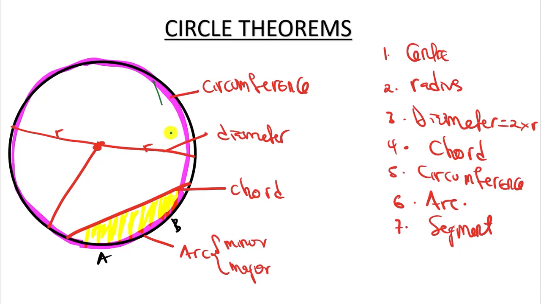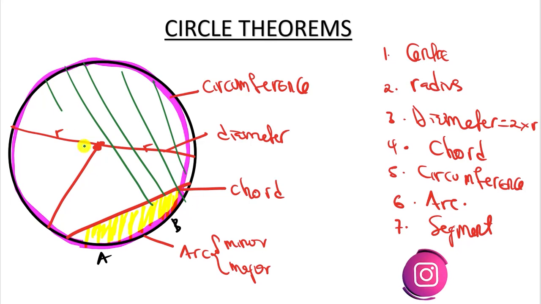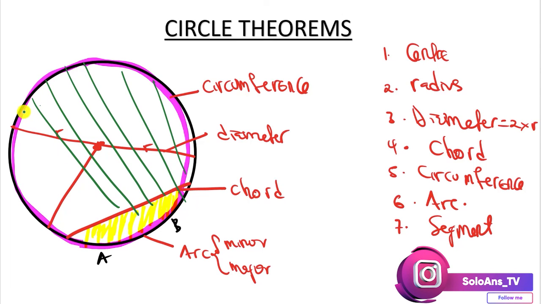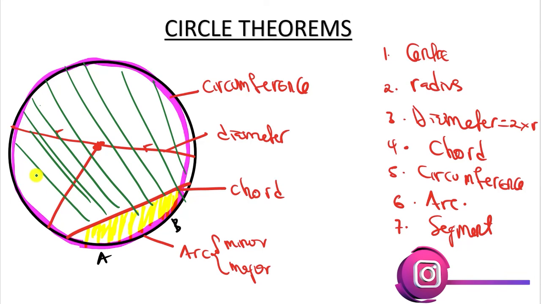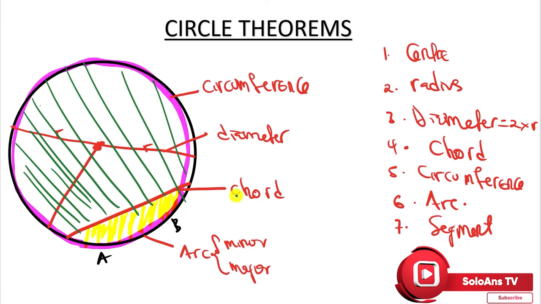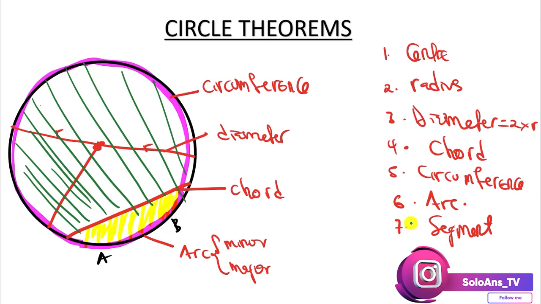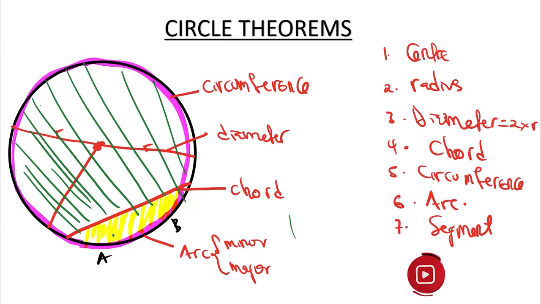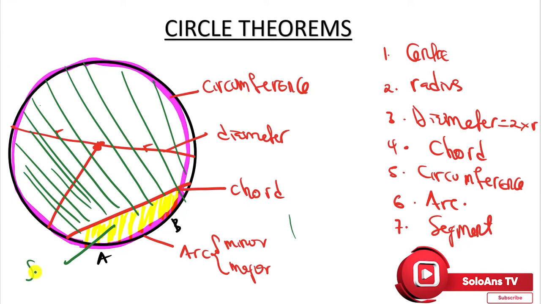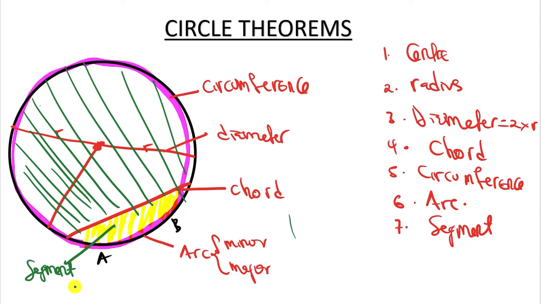Okay, so whatever that we are having here becomes the major segment. So for segment, yes, we have minor and then major. You take note of that. All right, so we have our segment here.